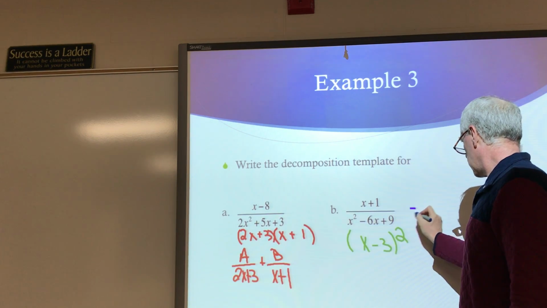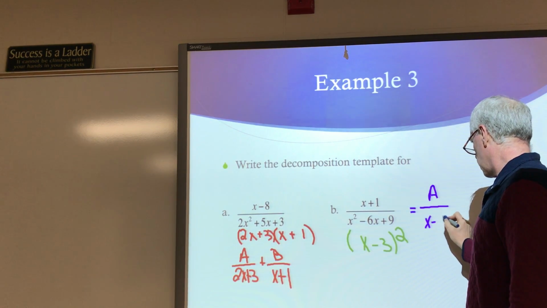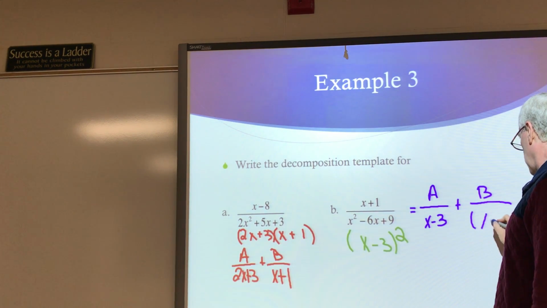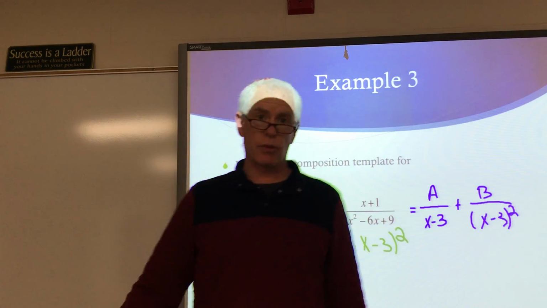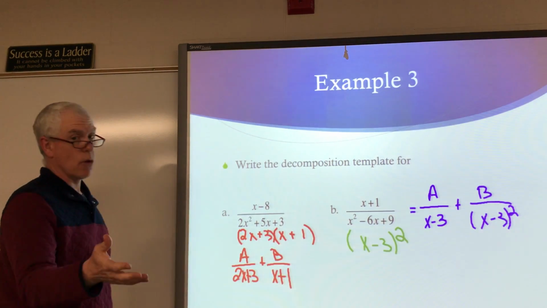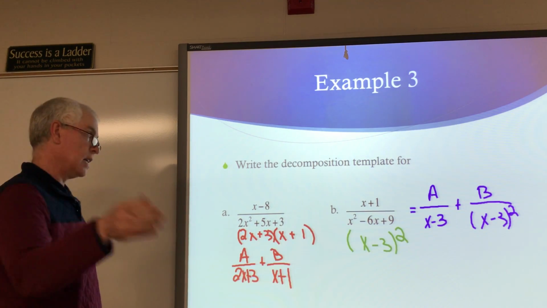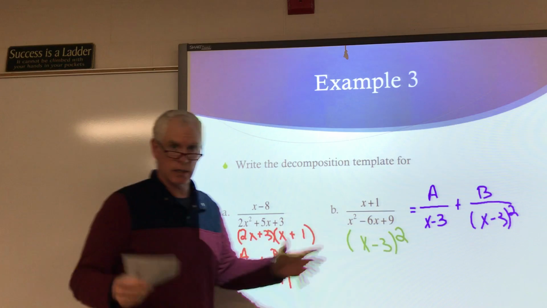So I'm going to need a over x minus 3 to the first and b over x minus 3 to the second. If that was x minus 3 to the fifth, I would need a c over x minus 3 to the third, and a d over x minus 3 to the fourth, and an e over x minus 3 to the fifth. Thankfully, it was only to the second power, so I could stop there.